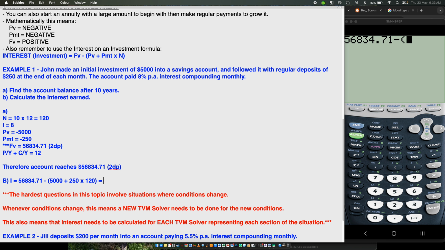56,834.71 take away, in brackets, 5,000 add 250 lots of 120. So the bank is giving him $21,834.71 in interest. It's not too bad.